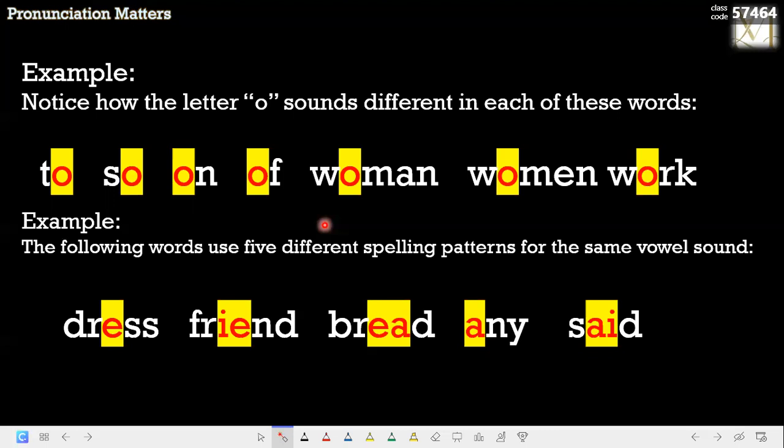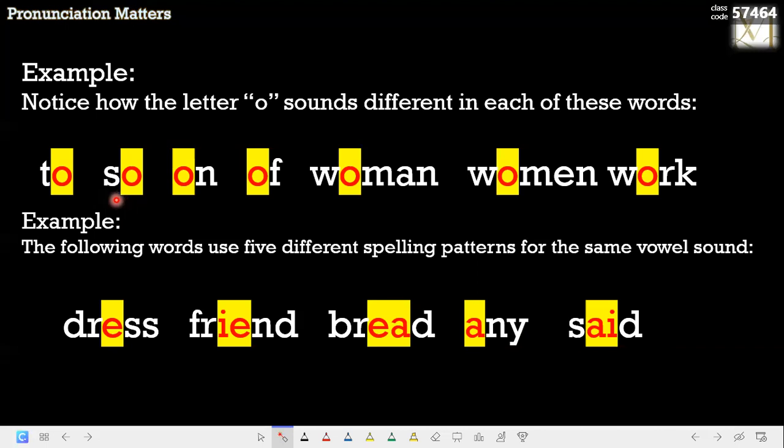Let's have an example. I want you to notice how the letter O sounds different in each of these words. If we read that word, we say two. Here, the letter O is pronounced ooh. In that word, it is different.